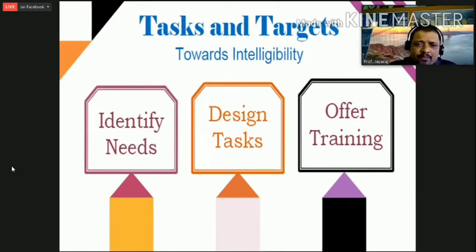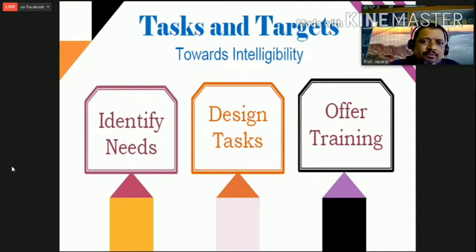So for this purpose, we need to understand the technical or the expert's version of phonetics. Dear friends, hope you understood the purpose behind having a very sound knowledge of phonetics from an expert's point of view.